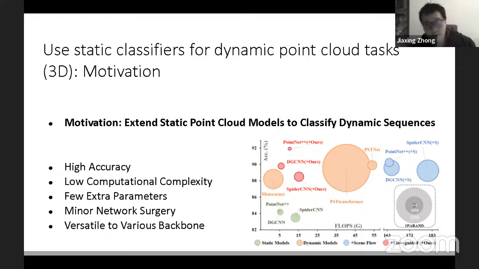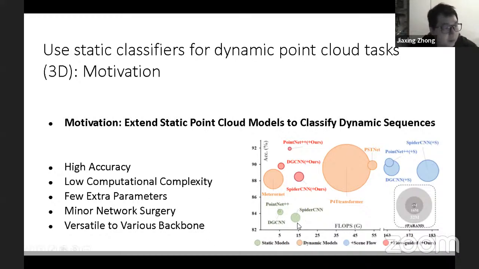And why do we want to use a static model to do the dynamic task? That is because static models have their own merits.